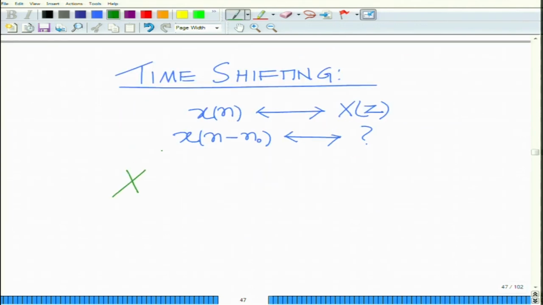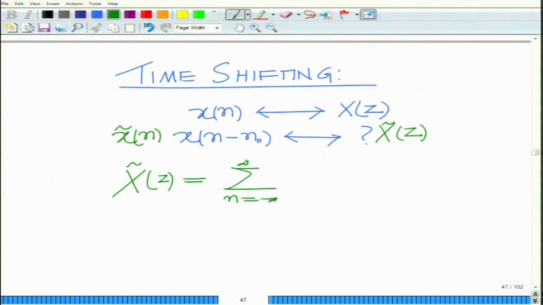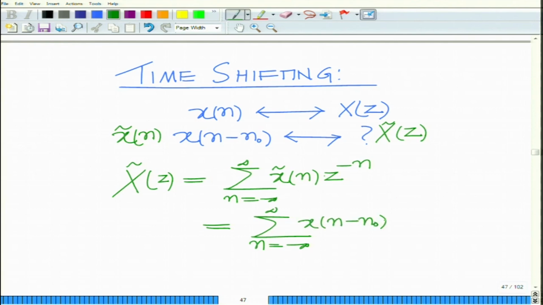Now, let us consider this as x tilde n with z transform x tilde z. Then x tilde z equals summation n equals minus infinity to infinity x tilde n z raised to minus n, which is the summation over n from minus infinity to infinity of x of n minus n naught z raised to minus n.